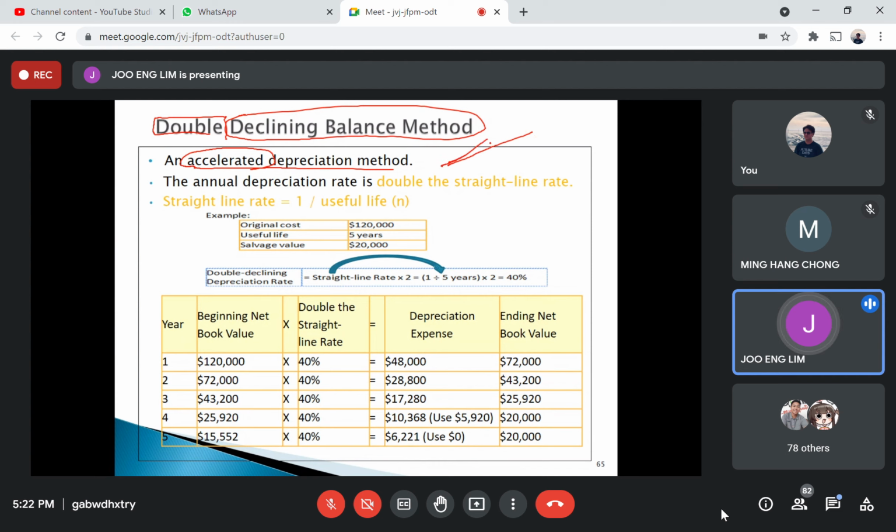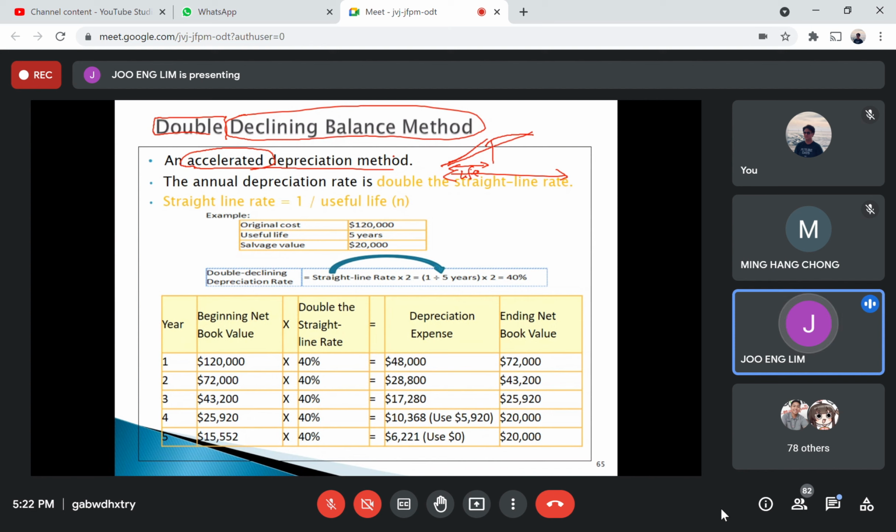Faster at the beginning of the life, so you depreciate more. In other words, you want it to depreciate more at the beginning period of the life and then slowly go down. Clear? Okay, so that is the meaning of accelerated.